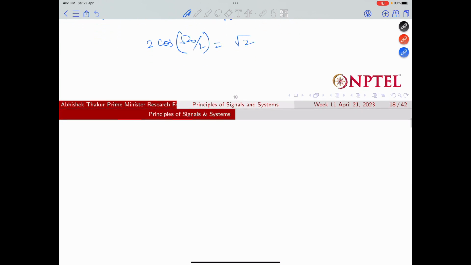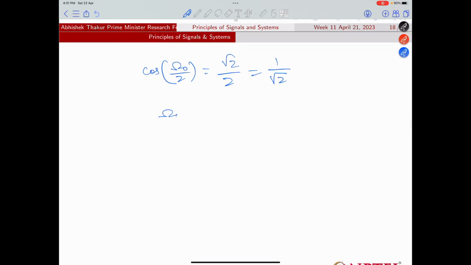Finally we get cos of omega naught by 2 is equal to root 2 by 2, which is 1 by root 2. So omega naught by 2 is equal to pi by 4, so omega naught is equal to pi by 2. This is the 3 dB frequency, equal to pi by 2. So this was the question we have solved now.